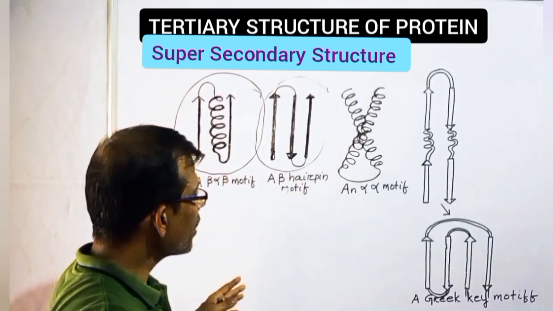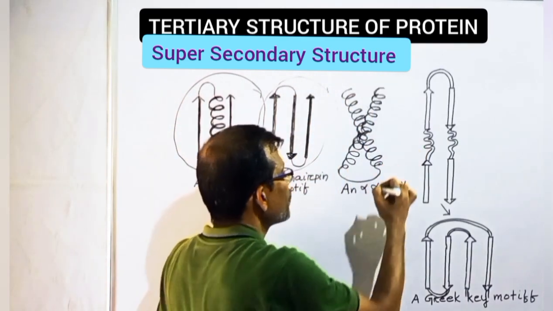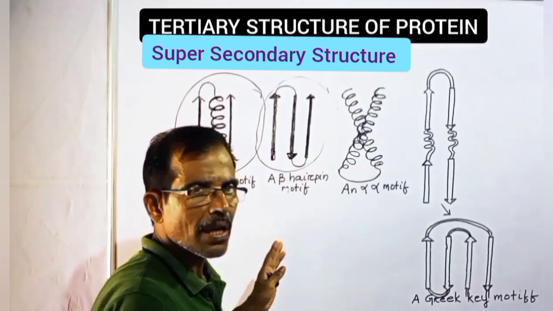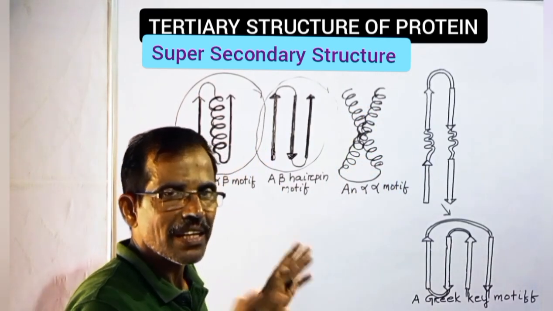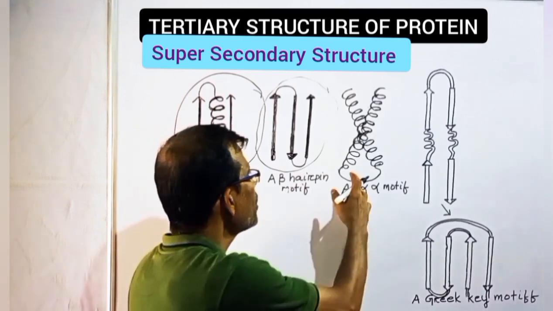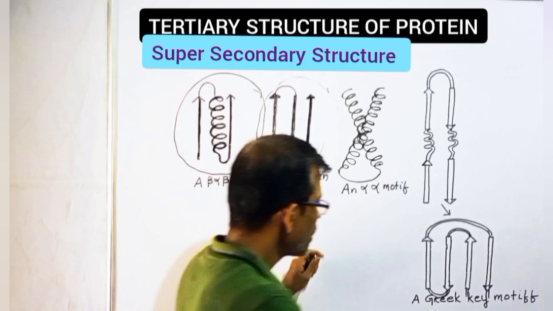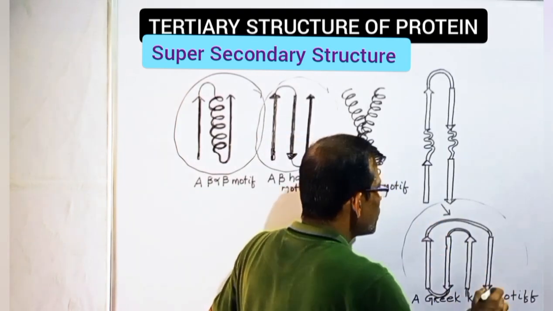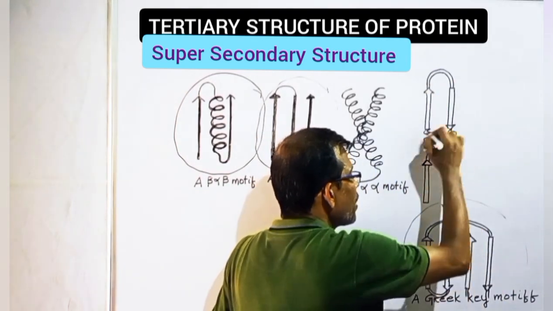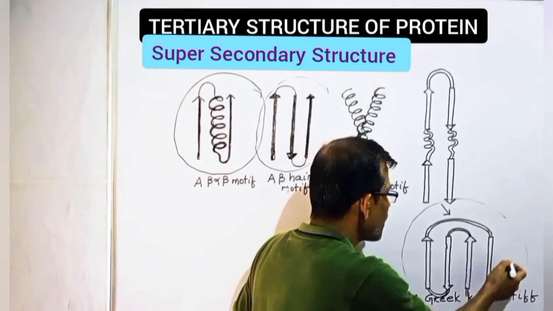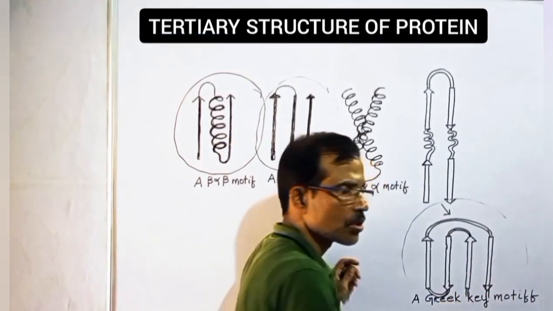The third one is an alpha-alpha motif, in which two successive antiparallel alpha helices are packed against each other with their axes inclined. And the last one is Greek key motif, in which a beta hairpin is folded over to form a four-stranded antiparallel beta pleated sheet.